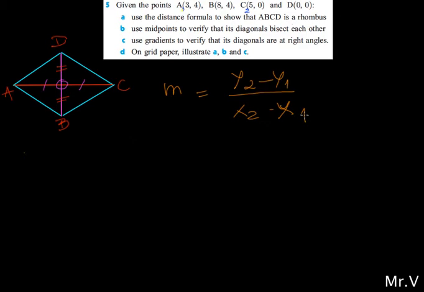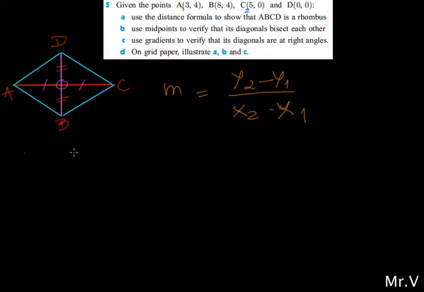So, very simple. We're going to find both slopes, but how are we going to verify that the diagonals are at right angles? It's simple. If we remember the concepts of perpendicular between slopes, one of the slopes should be the negative reciprocal.